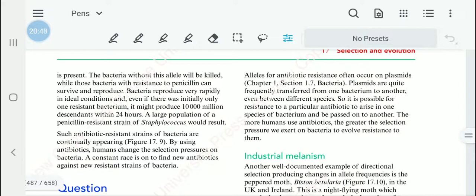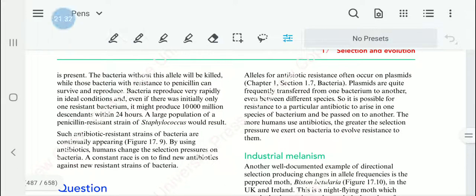That means if there is a new strain, just like the new strains that we speak about in relation to COVID, we will have bacteria which are resistant to the antibiotics, and we will have to develop more antibiotics to act against these new resistant strains of bacteria.